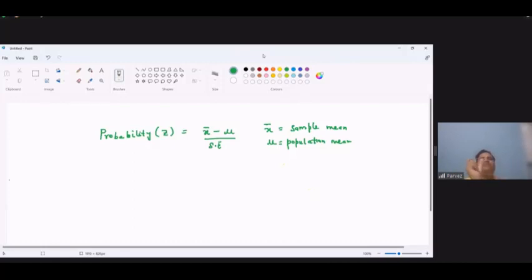Similarly, remember that for whatever value they ask to find the probability, that is your X bar, the sample mean. Again, I am repeating, you can note it somewhere or remember: for whatever value they are asking to find probability, that is your X bar. In the whole question, wherever the word average or mean is there, that is your population mean.